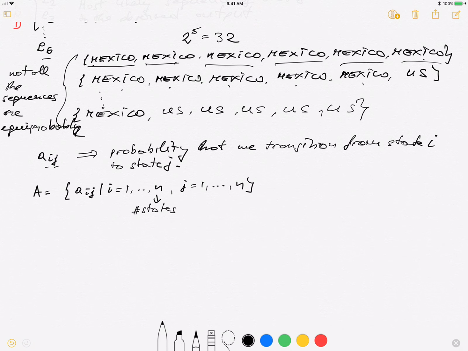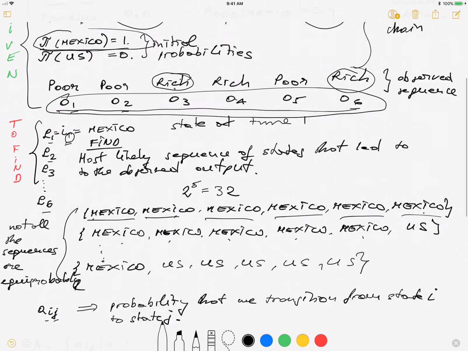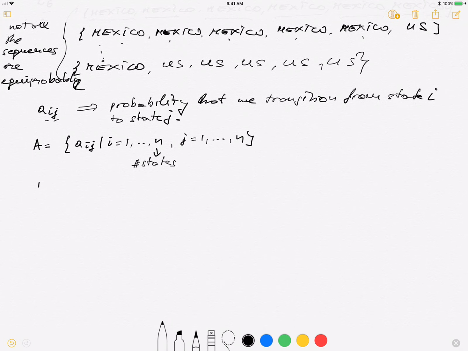In our case, how many states do we have? We have 2 states, US and Mexico. So in our case, n is equal to 2. Easy. And then our probabilities Aij are: A Mexico, Mexico, which is 0.5.